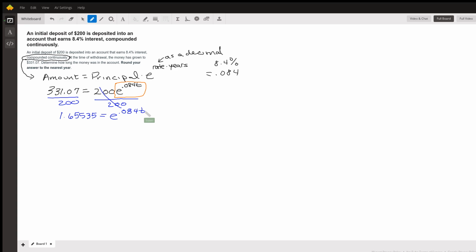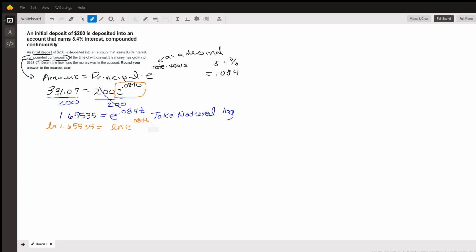And again, t is in the exponent, so the only way to get out of the exponent is to take the natural log of both sides. And they have a formula for this, but it's easier to think about it as a solving technique. So we're going to take the natural log of this number and the natural log of this whole side.